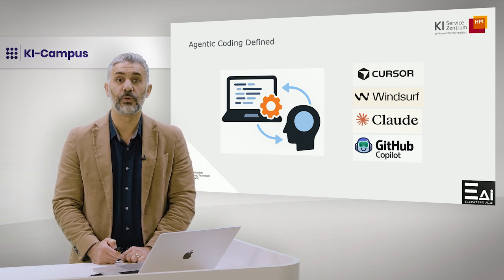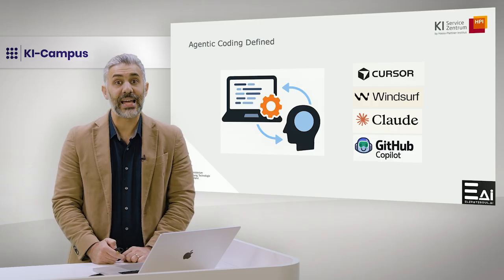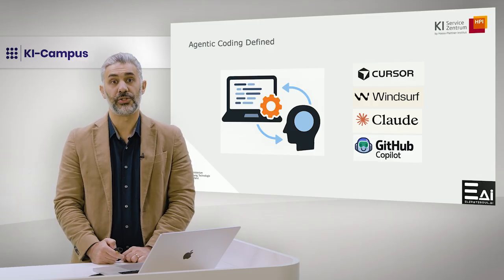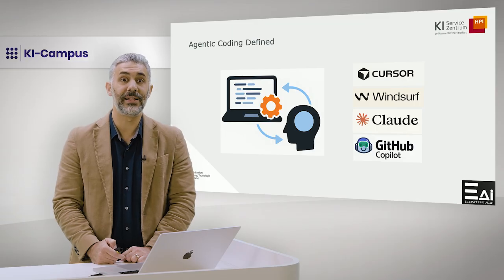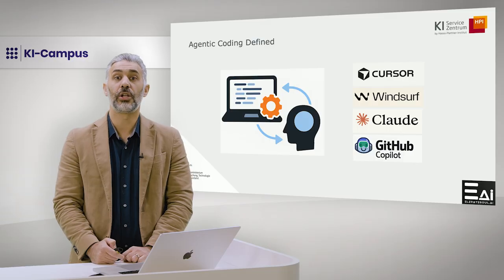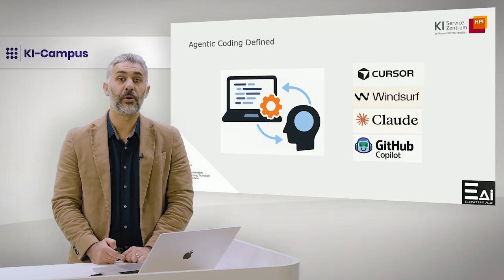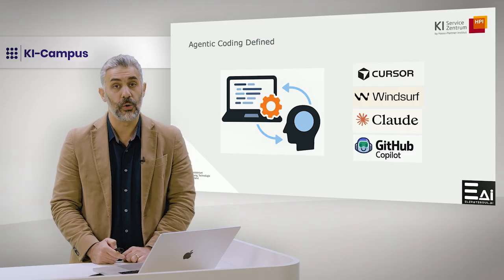Agentic coding tools appear in different forms. Some are standalone IDEs like Cursor and Windsurf, where agentic capabilities are built directly into the coding environment. Others, like Claude Code, are primarily command line tools, but also offer editor integrations such as a Visual Studio Code extension.